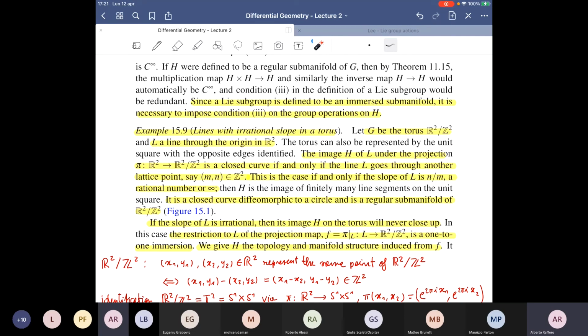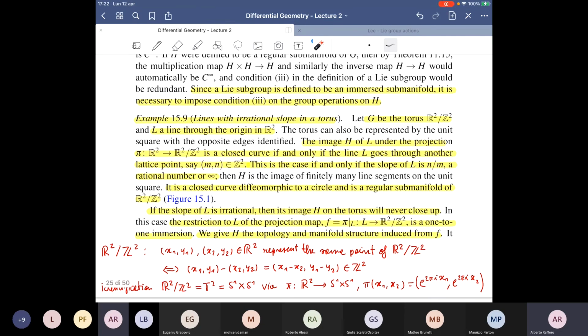They represent the same point of this quotient space if and only if their difference, which is just the difference of the coordinates, belongs to Z squared. So if this pair of points represents the same point in the torus, if and only if the difference of the x's and the difference of the y's are integer numbers.